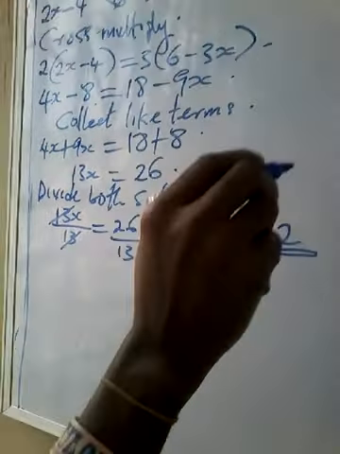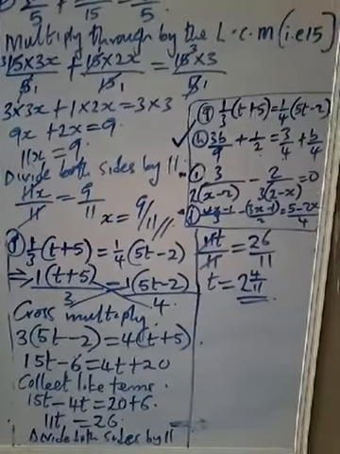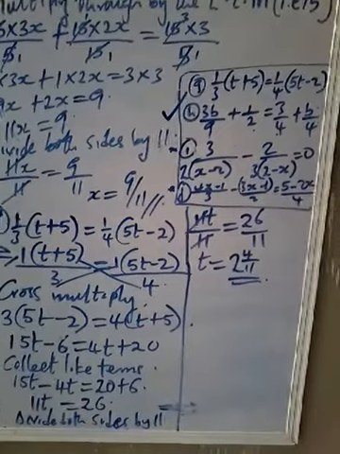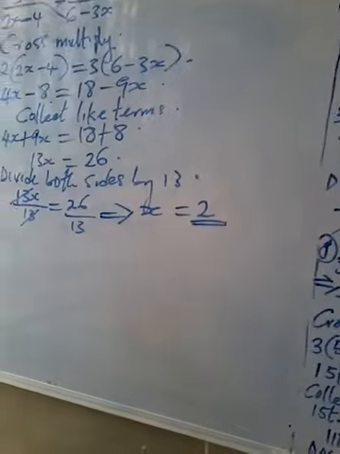Now, after letter I, you have the letter j left. This letter j, I will not do anything to it. You just multiply through by the LCM and then you get your answer.